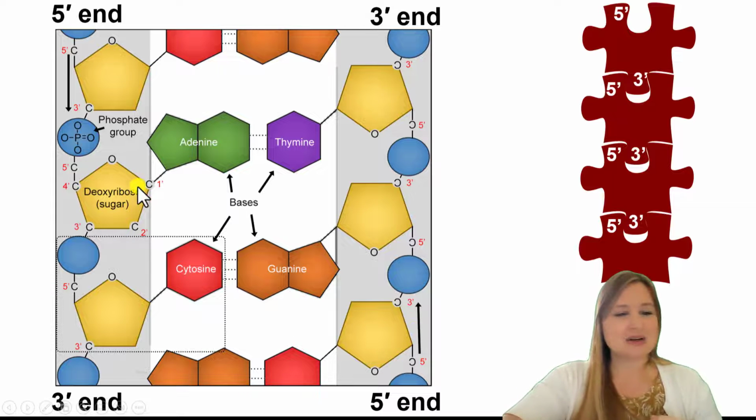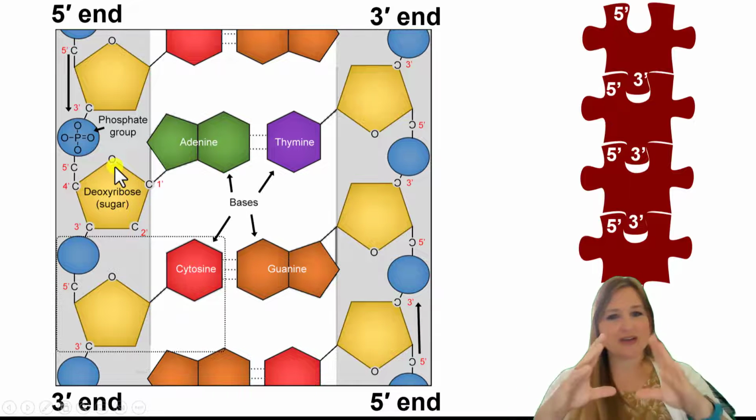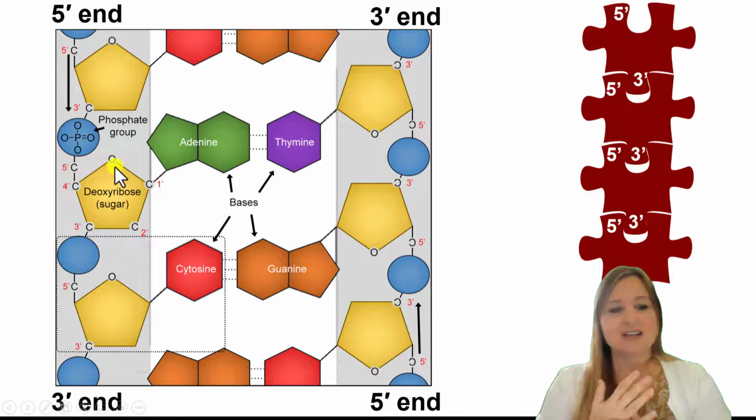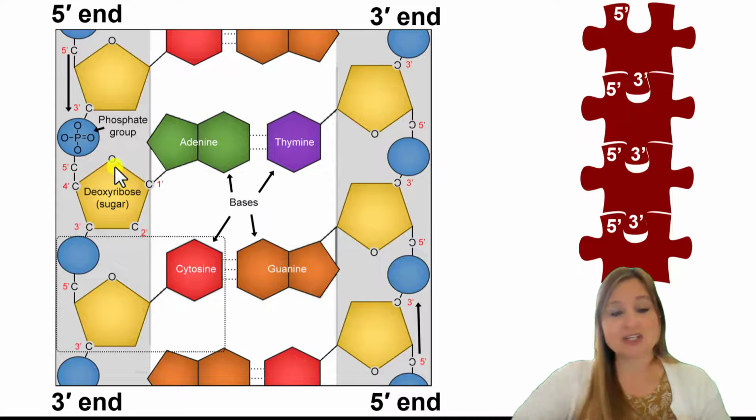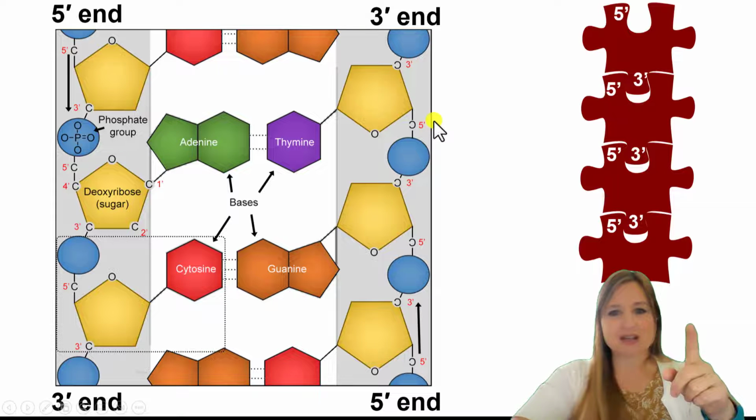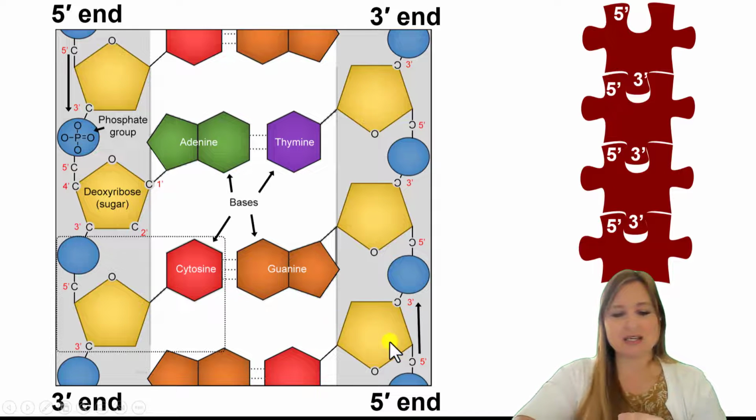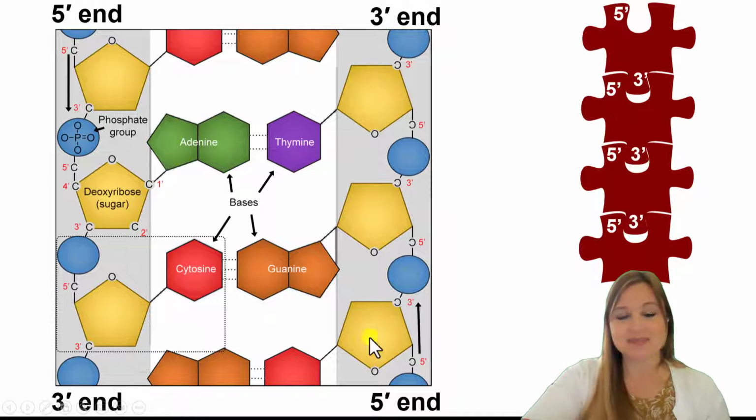You can see where the oxygen is found. It's sort of at the top of that pentagon of the deoxyribose sugar. And so here, if we're going from top to bottom, the oxygens are at the top. But here, when we're going in the opposite direction from bottom to top, we can see, well, this whole strand is in the reverse order. The oxygens are actually on the bottom.